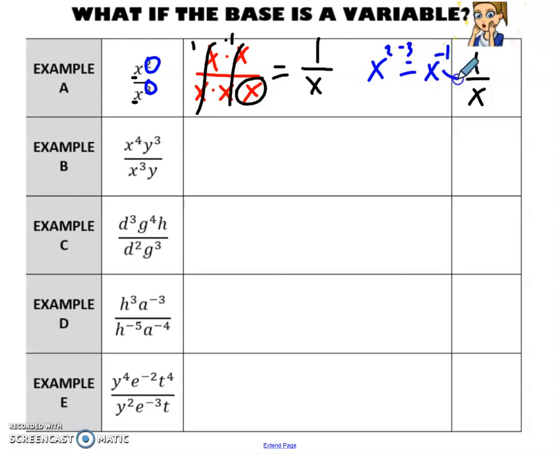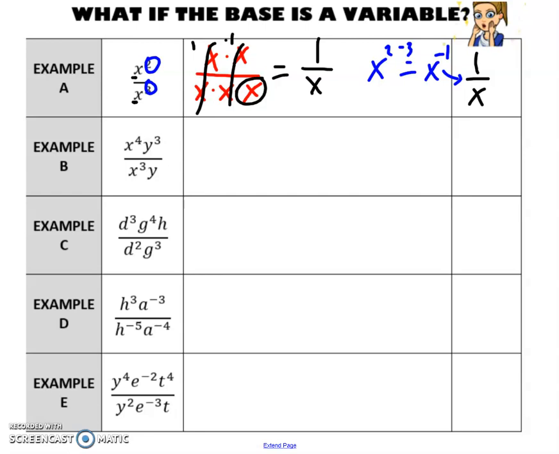We're going to learn in another video why these two are equivalent. But right now we can prove it with our expanded form when we look at our x's and what divides. Keep that in mind. I also want you to notice that we're doing subtraction, the difference between two numbers.